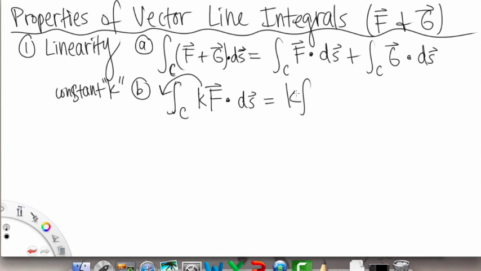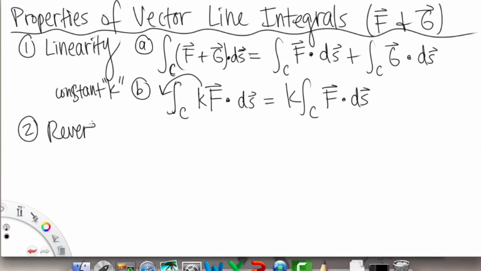And that's kind of like we've done since we've learned integrals in the very beginning. That is a weird k, hold on, I have to fix that. I think I'll just leave it like that. So then we have the k out in front, and then you just have your normal vector line integral here.